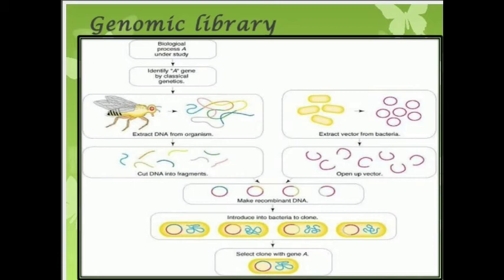First, isolation of DNA is done from pancreatic cell and that DNA is fragmented with the help of restriction enzyme, and as the vector cell, we have taken E. coli cell from which plasmid is isolated.